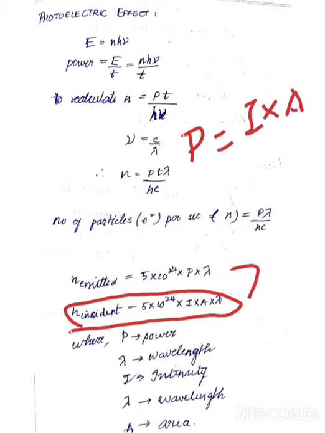Both are really the same, except for the value of power, where you substitute intensity into area. Substituting the value, you get the answer to be around 5 into 10 power 24 into I into A into lambda. These two formulas can be used to solve problems much more easily in the photoelectric effect.